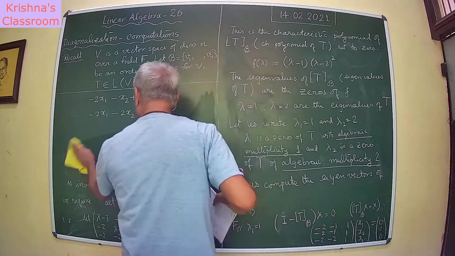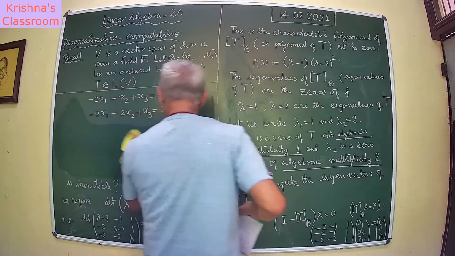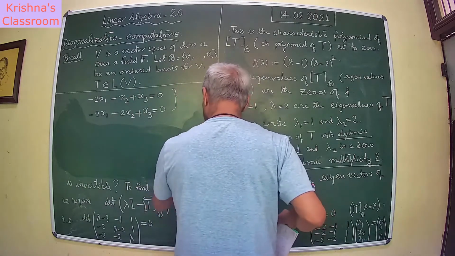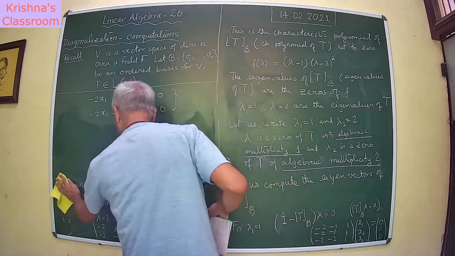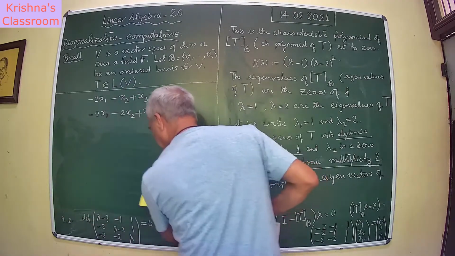There are three unknowns and two equations, so it's an underdetermined system. So there are plenty of solutions for this. In fact, infinitely many solutions do exist.